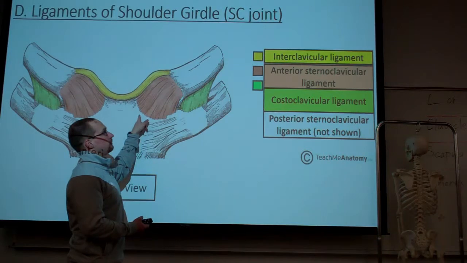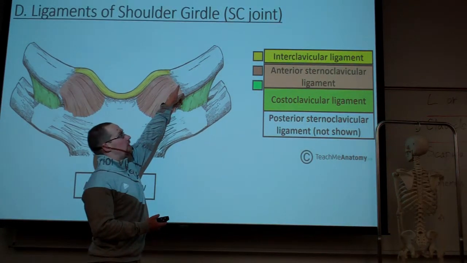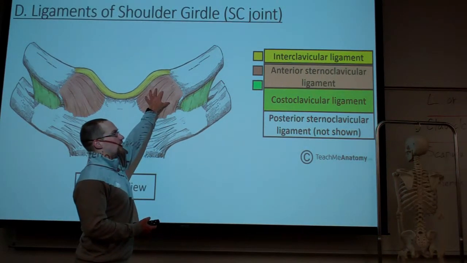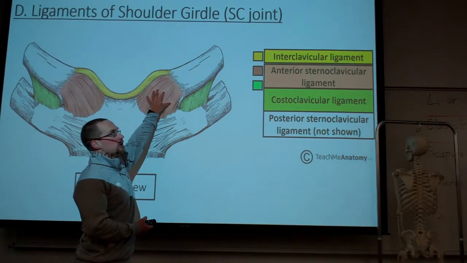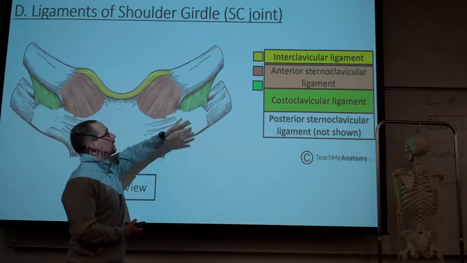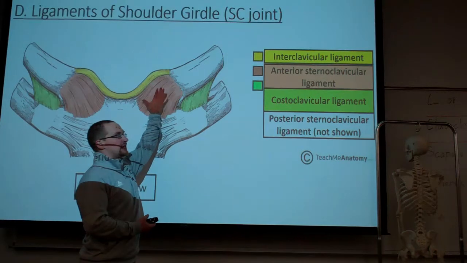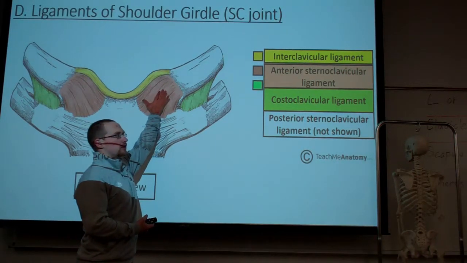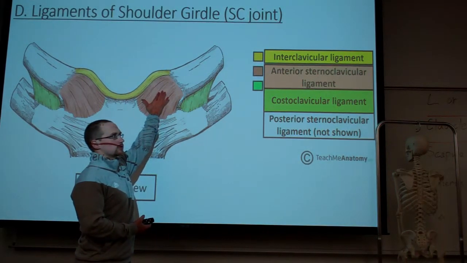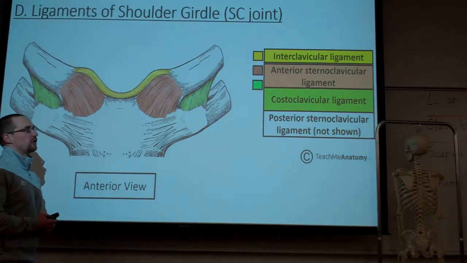Sternal meaning sternum, clavicular meaning clavicle. One attaches on the front side, that would be the anterior sternoclavicular ligament. The one that's behind, that you can't see, is the posterior sternoclavicular ligament. So you have those in the front and the back.